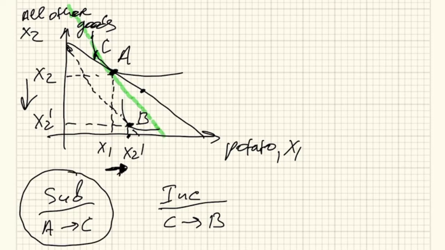And if you look at the substitution effect, indeed, when people moving from A to C, they are moving away from more expensive good to relatively less expensive other goods, and thus they consume less potatoes given that the price for potatoes went up. So you see, moving from point A to C demonstrates consumption of less potatoes.